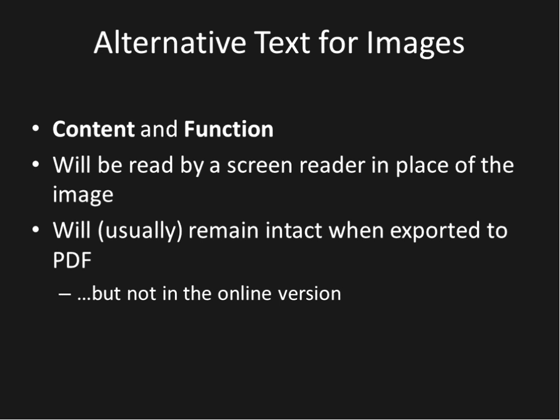Interestingly, the exact same principle applies to alternative text. You want the alternative text to be descriptive of the content of that image, but also relatively succinct. When I use that word content, that does not mean a description of what the image looks like.